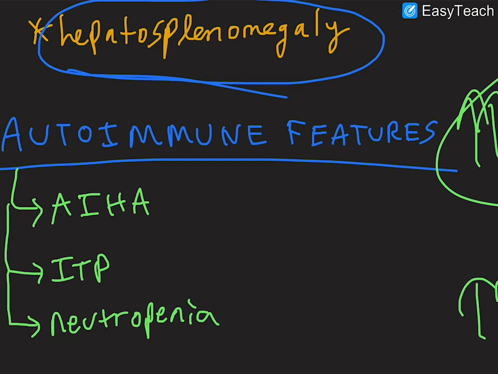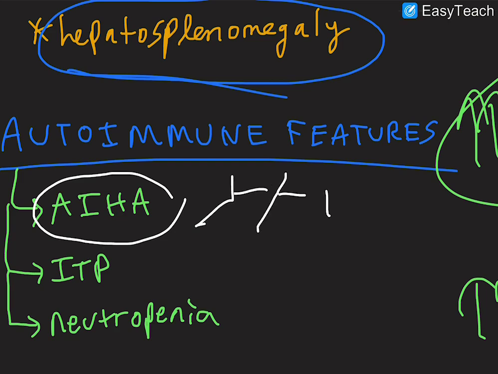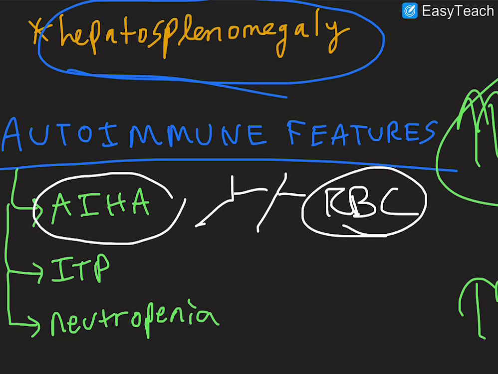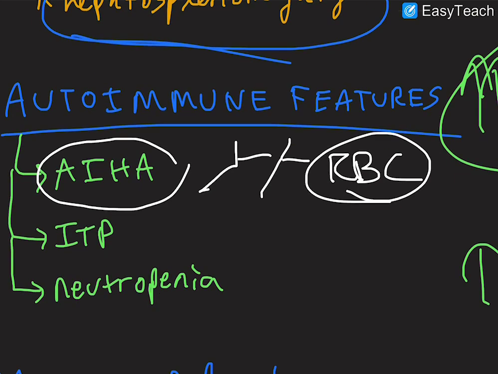So it should make sense why in this autoimmune lymphoproliferative syndrome we can see things like autoimmune hemolytic anemia, because we can get antibody production against our red blood cells, which leads to their destruction and anemia. Hemolytic anemia specifically, because we're destroying our red blood cells.